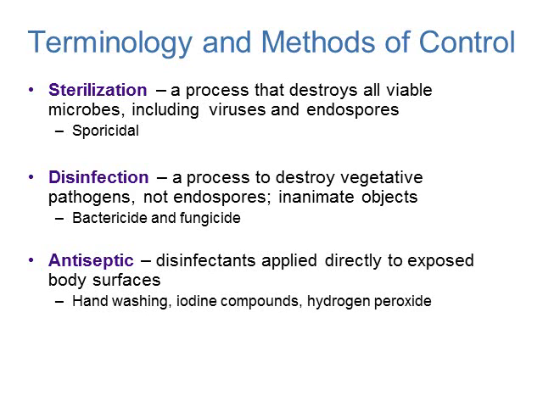Fungicides kill fungi. And then antiseptics, these are disinfectants that can be applied to exposed body surfaces like skin, for example. These methods include hand washing or iodine, which they use to clean the area before they do injections. Another one is hydrogen peroxide, which is used to disinfect body surfaces.